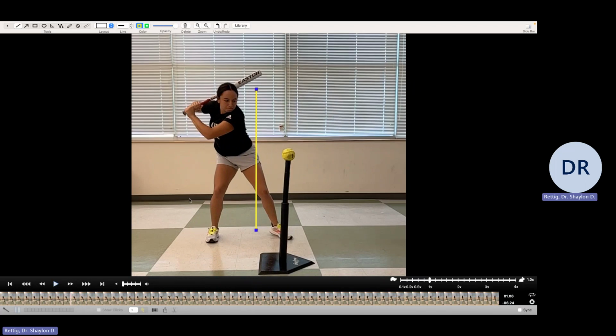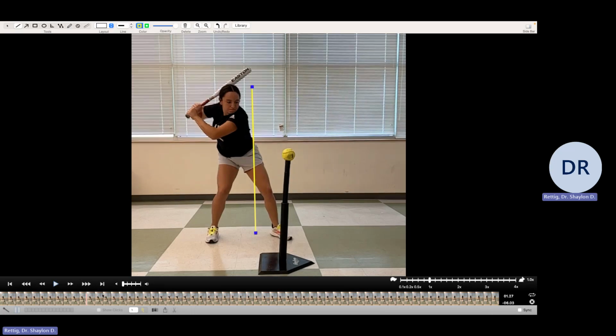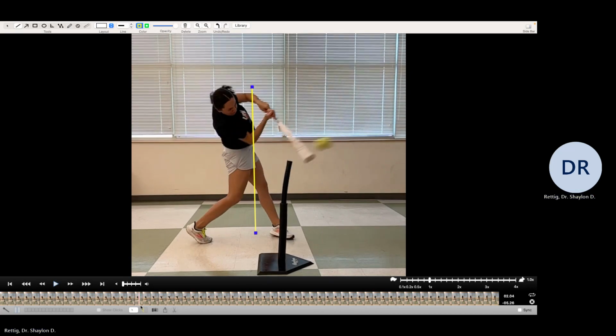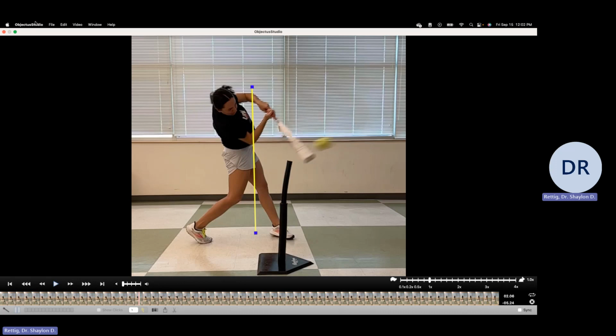Make sure you're actually not falling backwards on this. So rotation. Okay, now you're doing good. All right, so no signs of drifting. In golf, we would call this a slide. And so now I'm going to switch views.